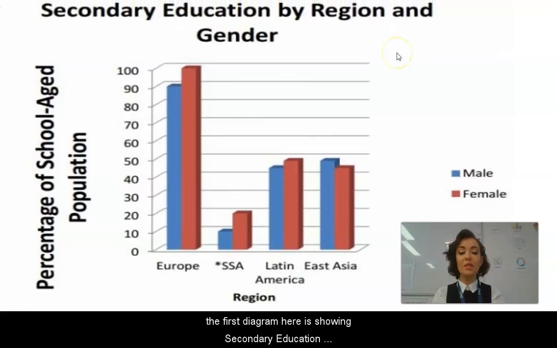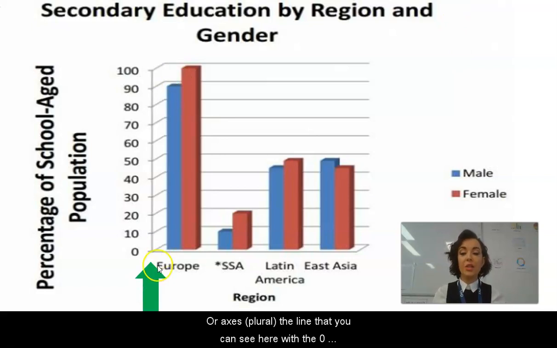Okay, so the first diagram here is showing us secondary education by region and gender. So one thing you need to do in IELTS is to understand the different parts of an academic diagram. So this diagram here is a bar graph or a bar chart. Both are acceptable. And you'll see that there are two lines. Now these lines are called the axis or axes.